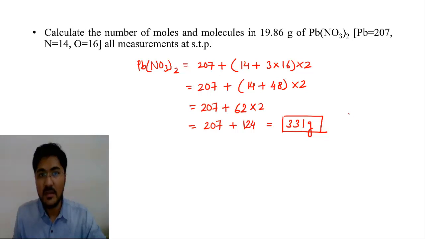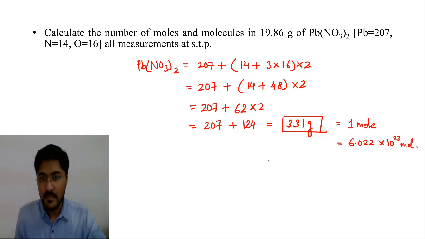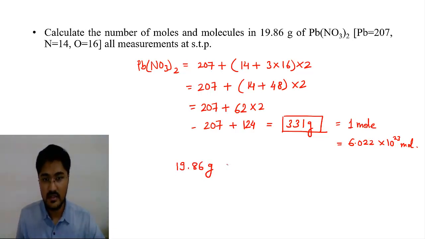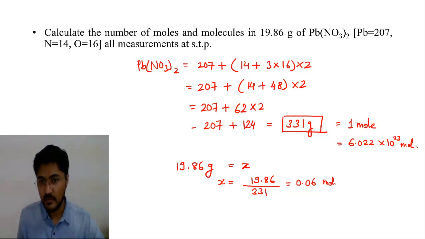Now, as we know, the molar mass will contain 1 mole, which again contains 6.022 × 10^23 molecules. But the given mass is 19.86 grams. So the moles will be X. When we simplify, we get X equals 19.86 divided by 331, which comes out to 0.06 mole.